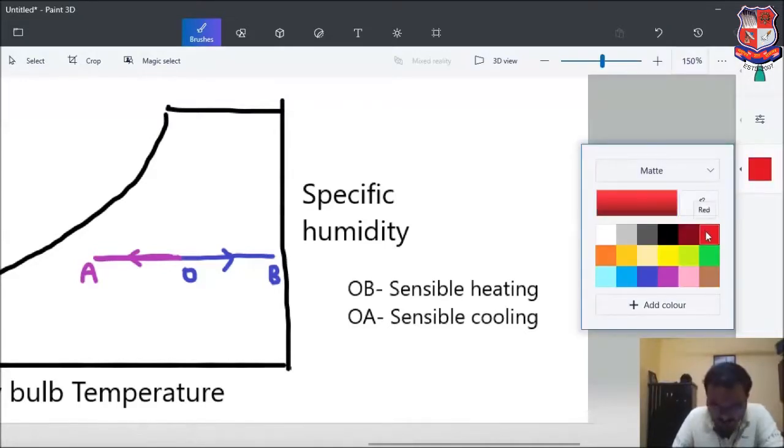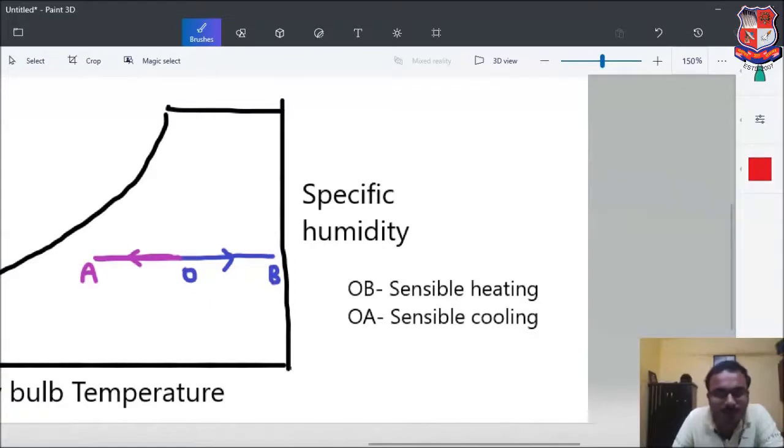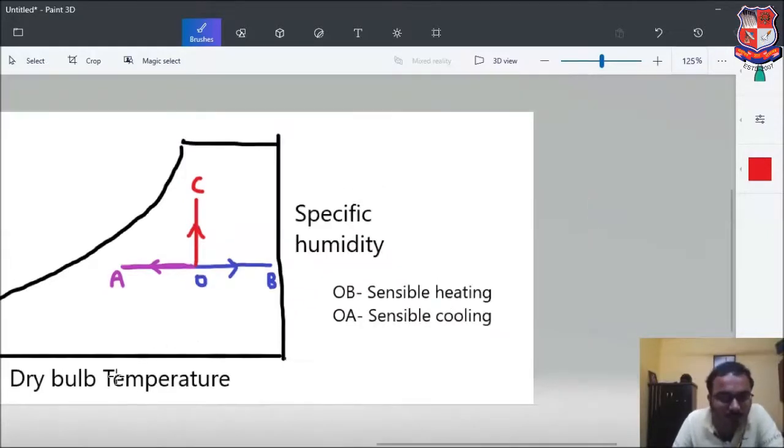In which let us draw humidification from point O. So we can obtain it in this way, and this will be, let us say, point C. So you can see that the dry bulb temperature is remaining constant. However, the specific humidity is getting increased.